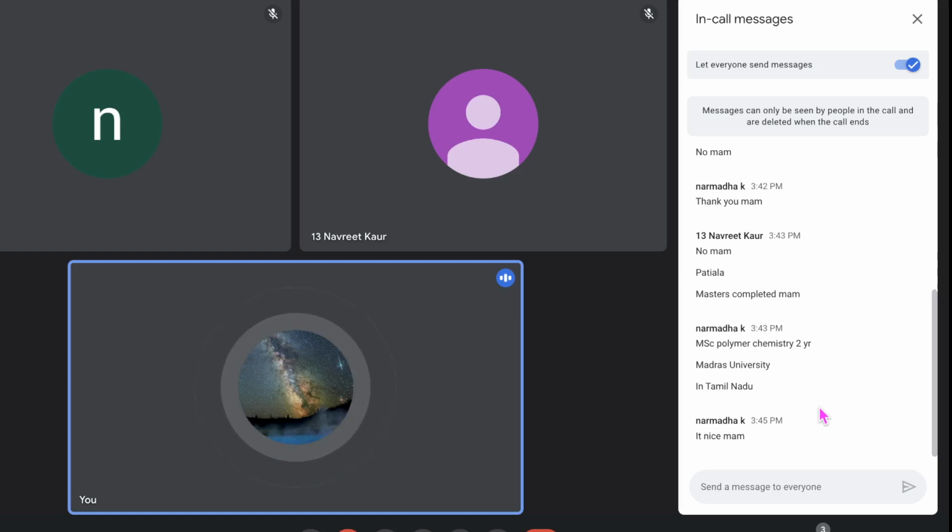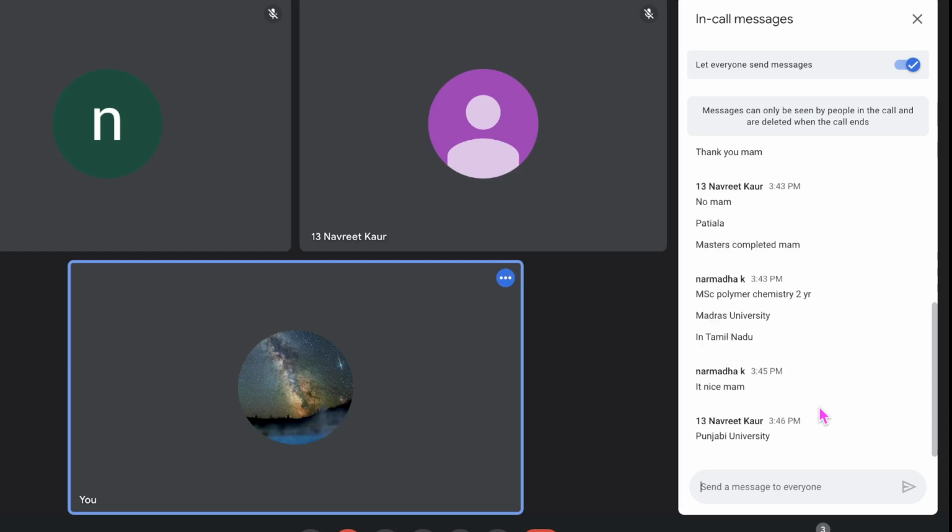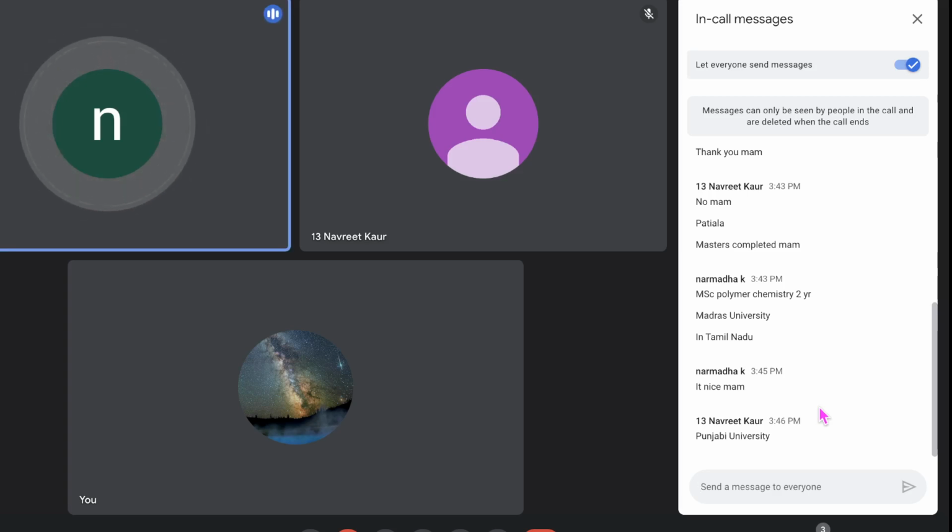So Navreet, where did you complete your master's? Okay, Punjab University. So you want to pursue PhD, that's why you are doing it, or PSC jobs. Ma'am, if we qualify for GATE, can we do MTech in IIT? I am in chemical engineering.